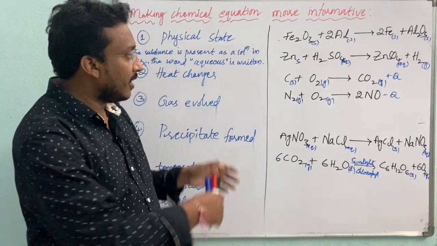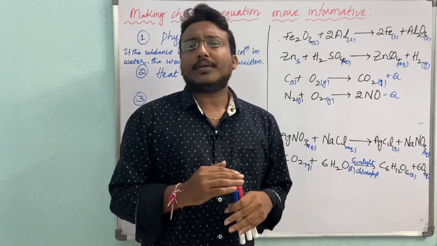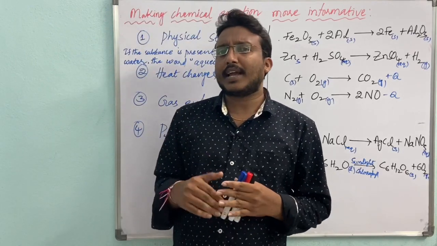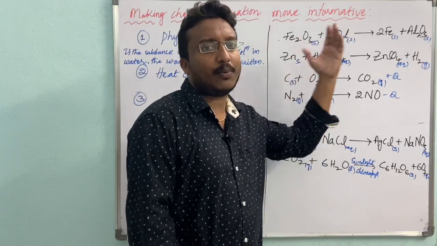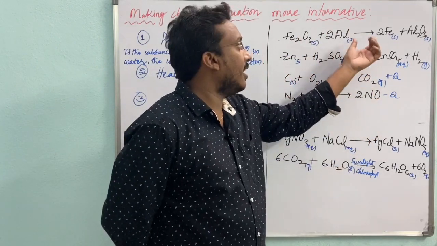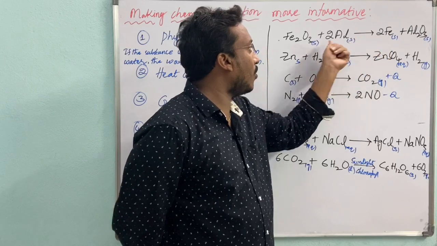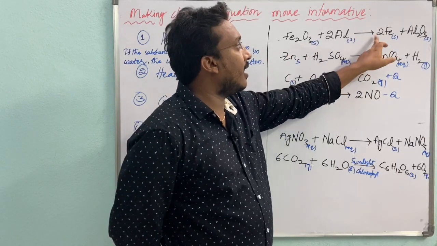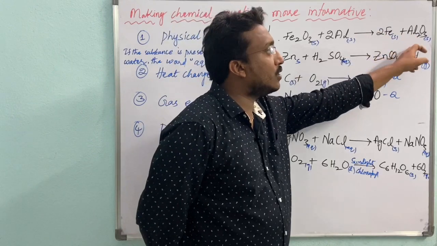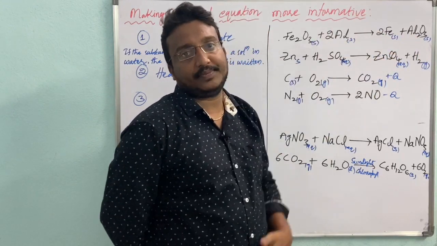Right? In a chemical reaction, we have reactants and products. The left side of the arrow mark shows the reactants, and the head of the arrow shows the products. Got it?